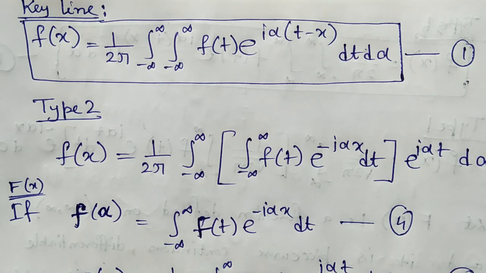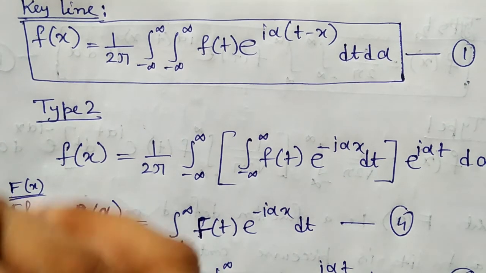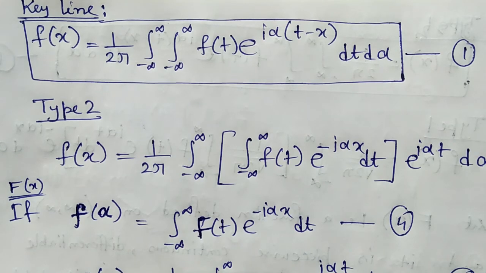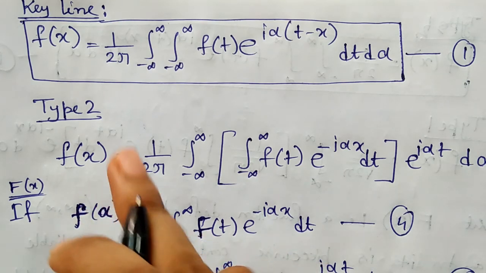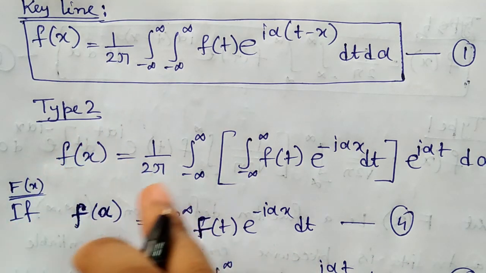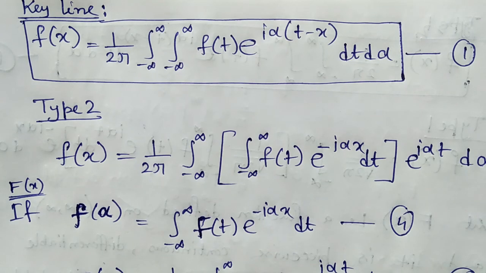So I suggest you follow any one of them, either type 1 or type 2, and when you solve these problems, mention the formula in the solution, so that the examiner can understand which one you used in the solution paper.